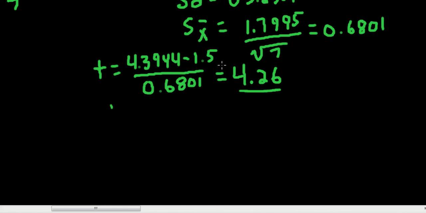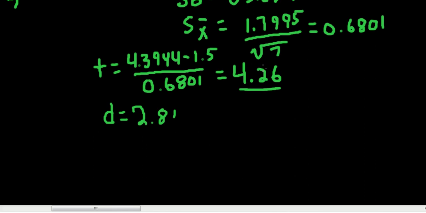Finally, we could also compute the effect size, which will be Cohen's d, by taking the numerator from before, which was 4.3944, subtracting 1.5. That's 2.8944, divided by the standard deviation for Cohen's d.